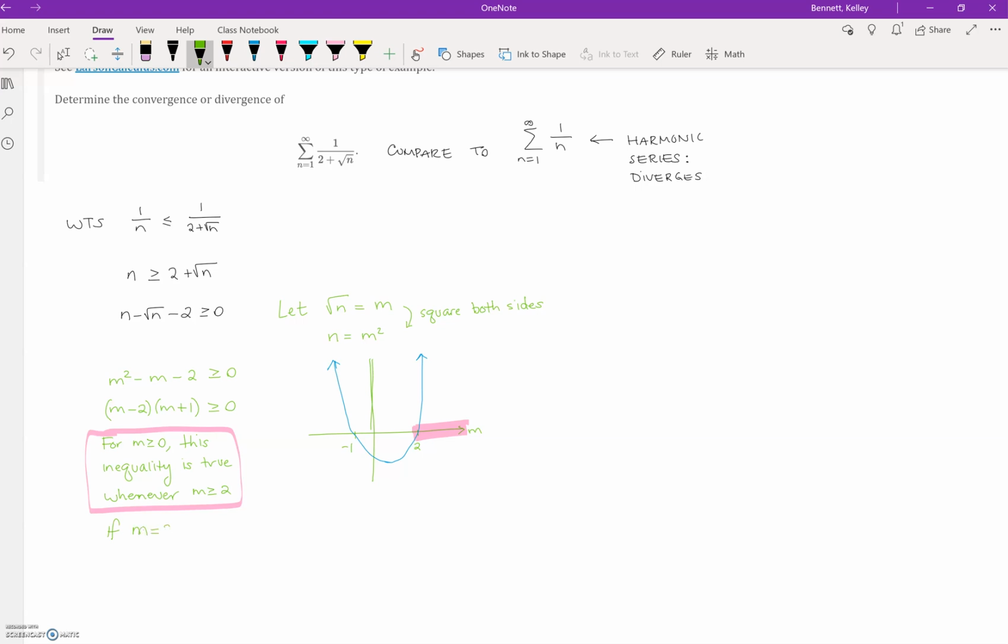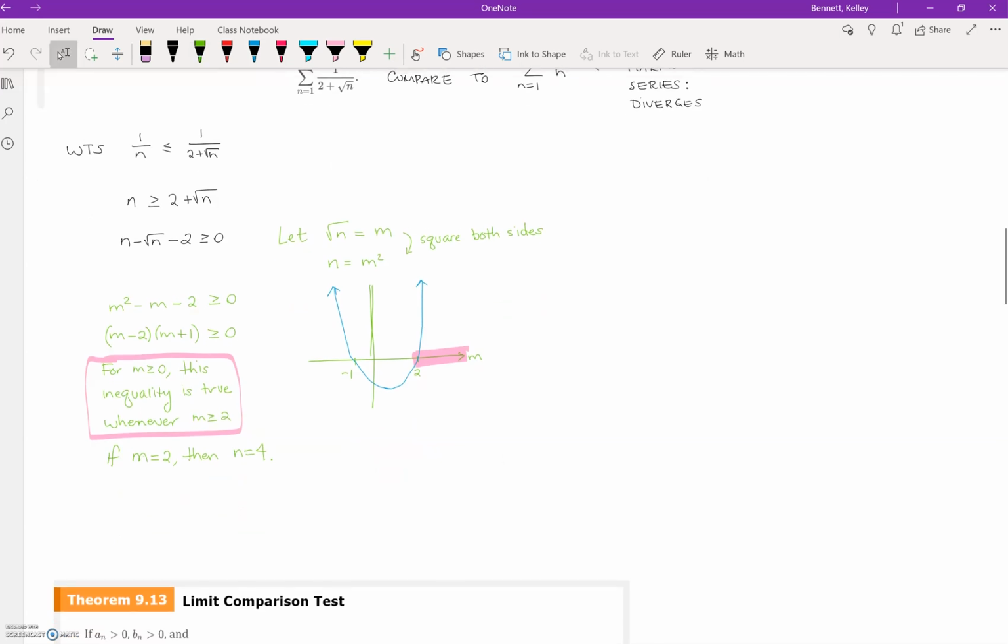Sorry, if m is 2, then n equals 4. So now what I can say is that, therefore, 1 over n is less than or equal to 1 over 2 plus root n for all, that upside down capital A, for all n greater than or equal to 4.